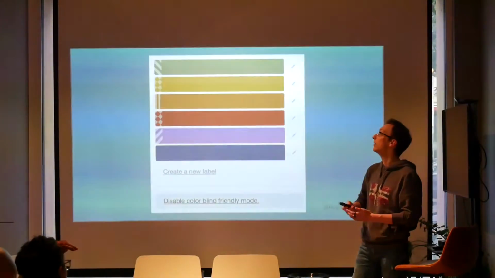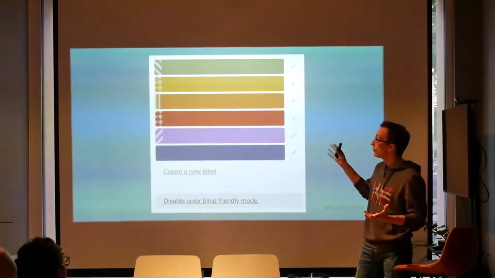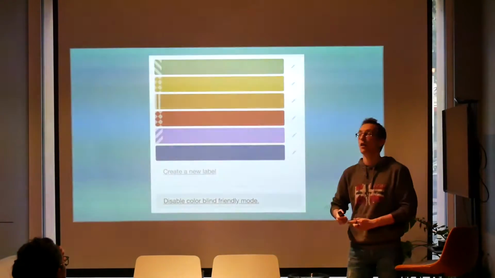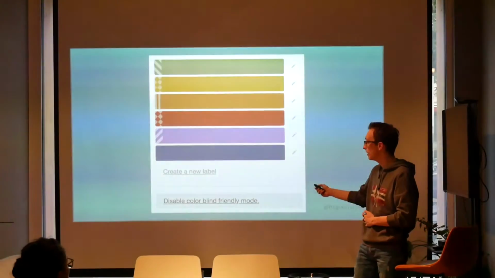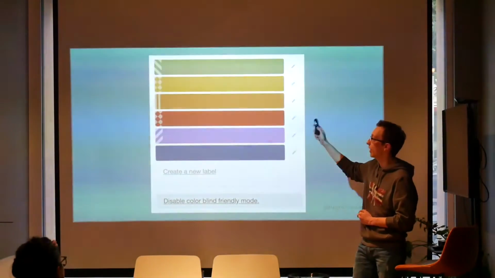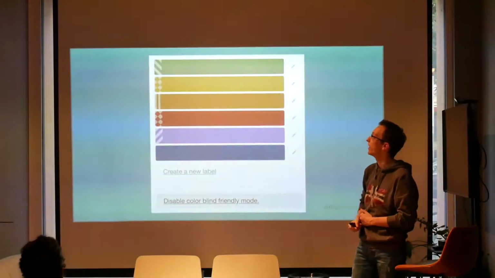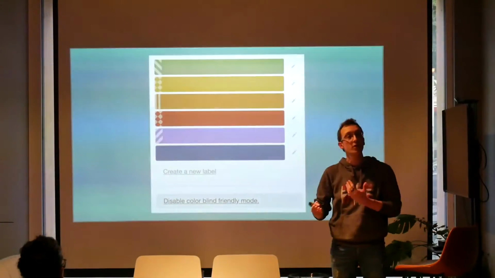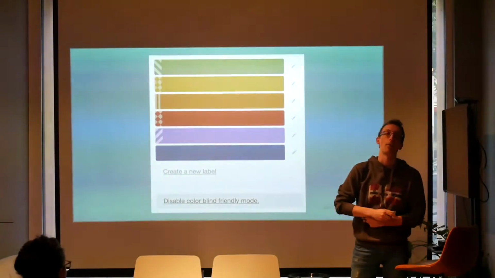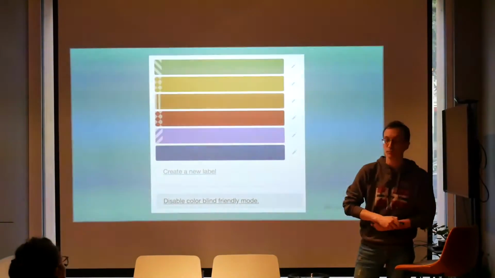Trello does that fantastically, where they have those labels, which are for some reason just colors at the beginning, and they have a colorblind friendly mode, which applies some patterns on top of it, so stripes, squares, so that even someone who cannot really distinguish colors or doesn't see color at all can still benefit from this labeling system.